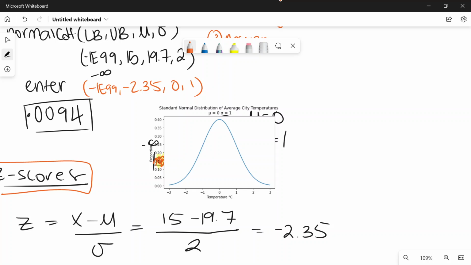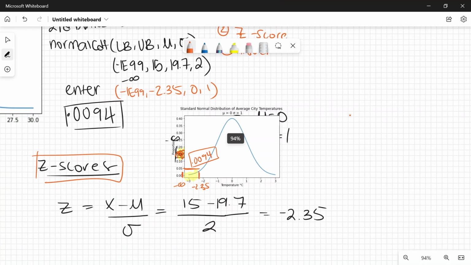So -2.35 would be over here, right? And so the area that I'm trying to find is that area, starting at -infinity and ending at -2.35, the area right under the curve, and that should be 0.0094. It should give you the same answer even if you're using z-scores.